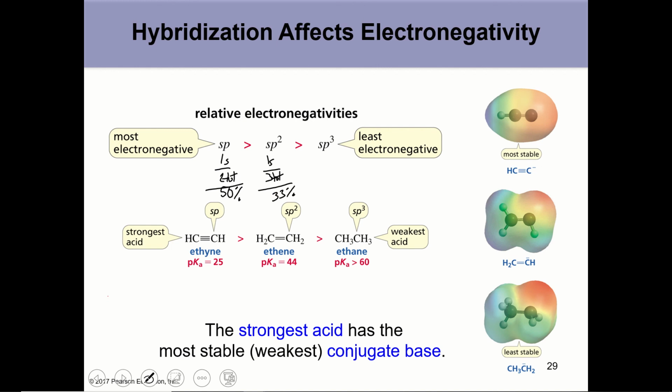And then for sp3, we have 1s out of 4 total, and that gives us 25% s.